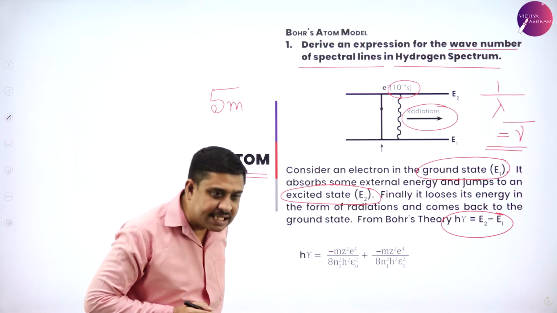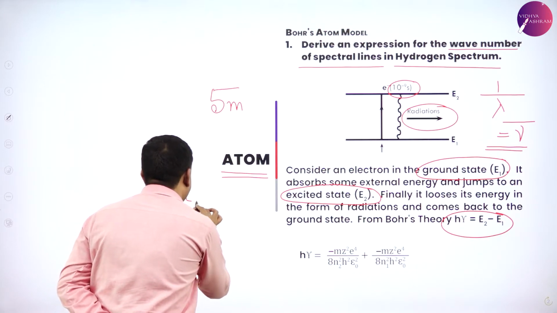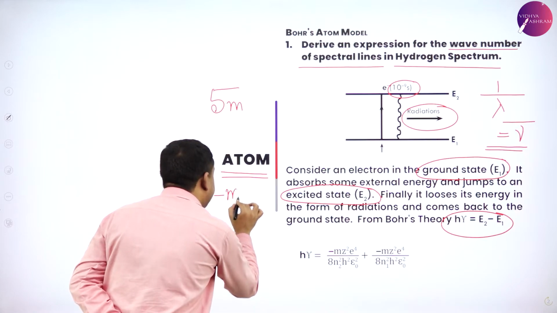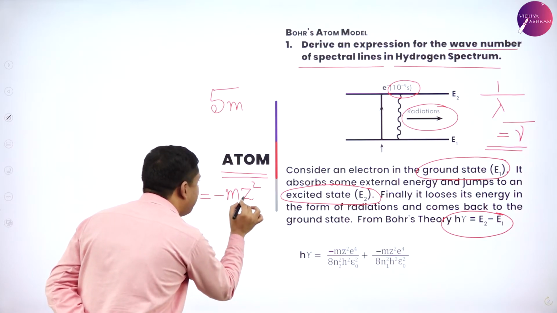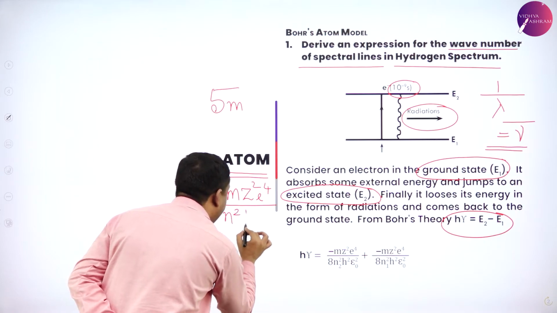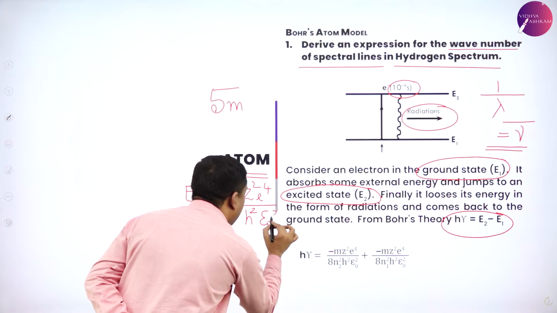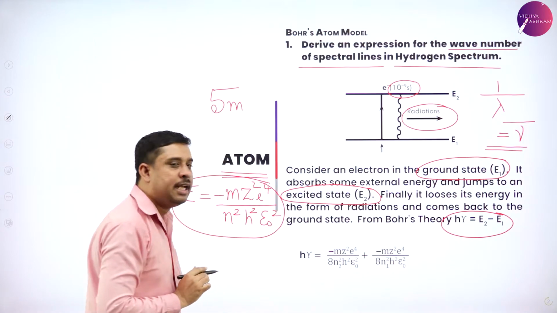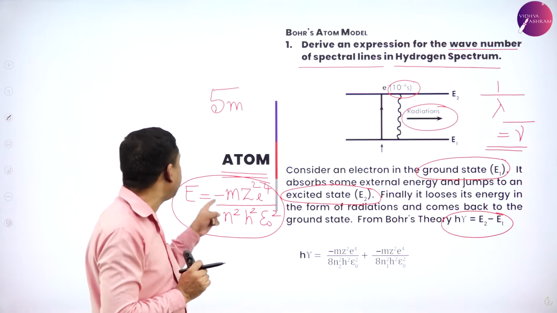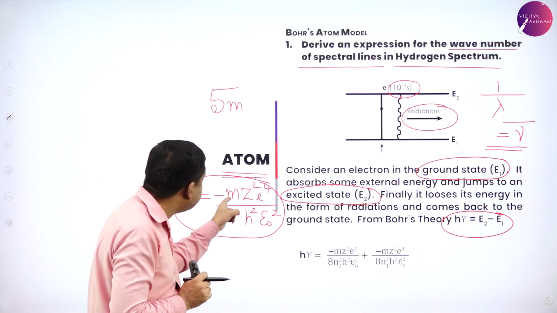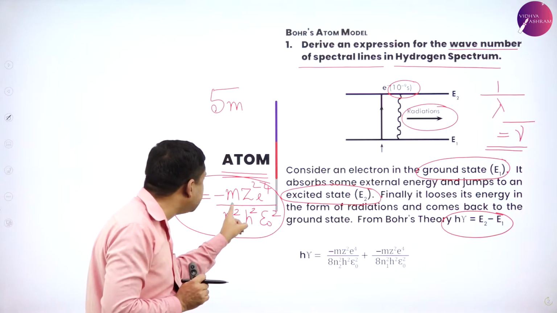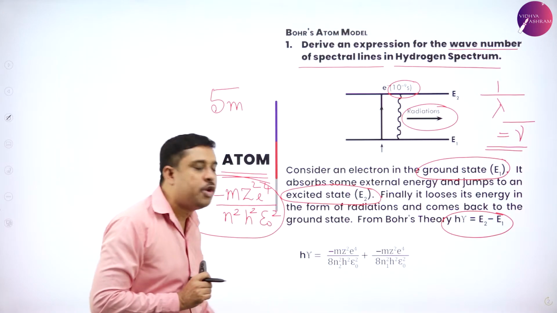Now, going back to yesterday's derivation, the energy of an electron was derived as E equals minus m Z square e to the power 4 divided by n square h square epsilon naught square. Kindly recall my last session where I derived the expression for total energy.